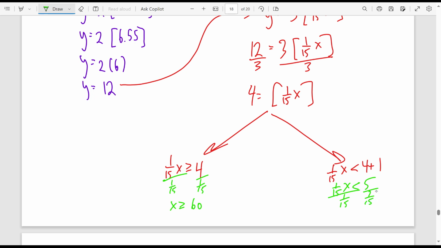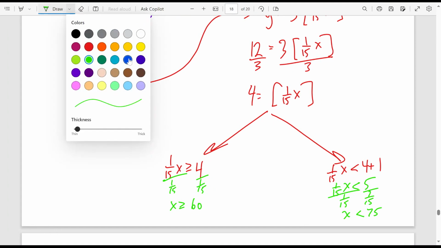Essentially, it's just 5 times 15. So we can now say x is less than, in this case, 75. So what is the possible amount of money that he could have spent to be in that bracket?